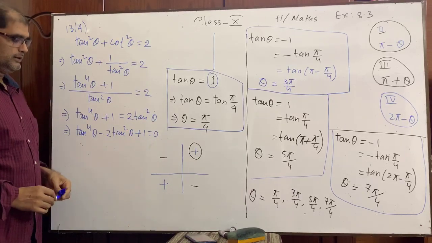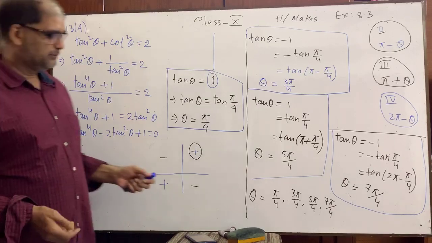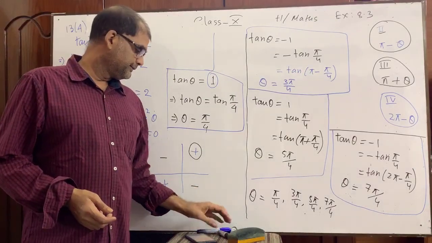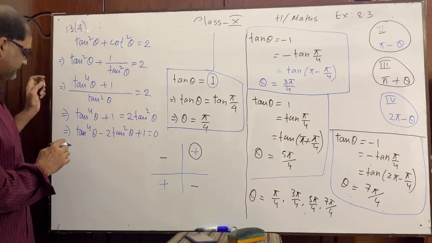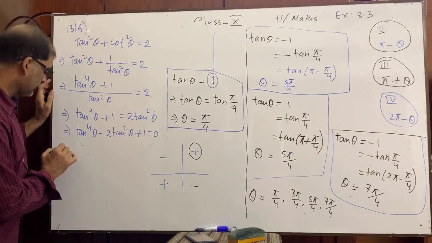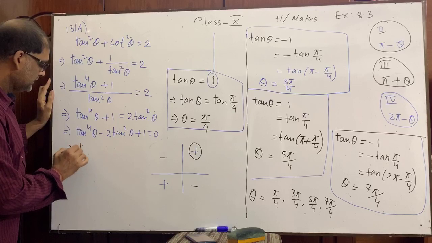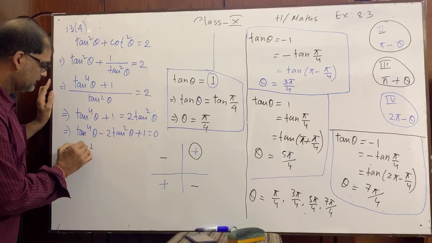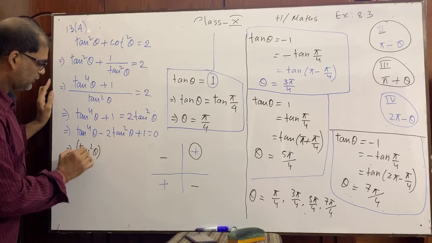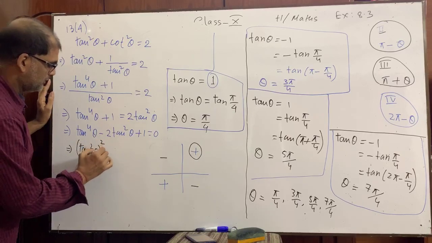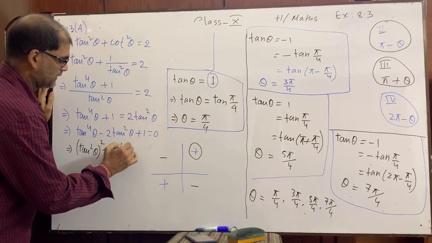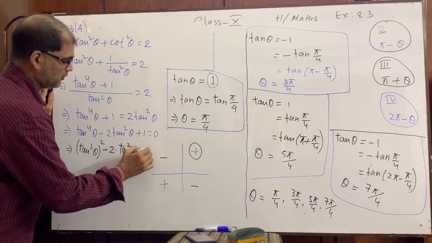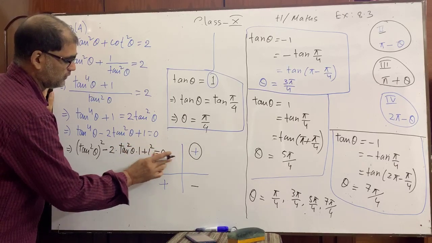Now you have to apply the formula a minus b whole square: tan square theta whole square minus 2 into tan square theta into 1 plus 1 square equals 0.